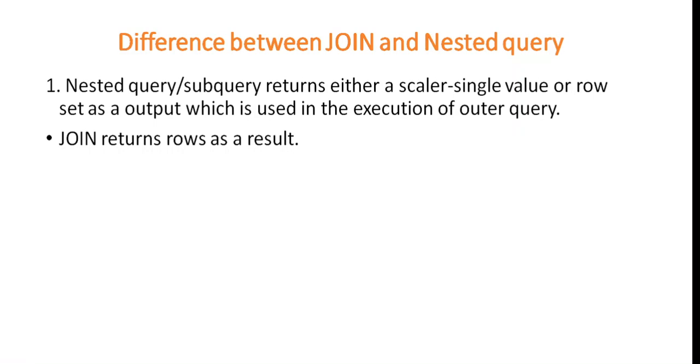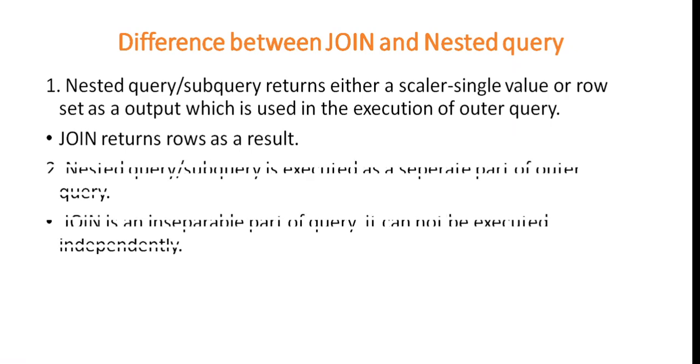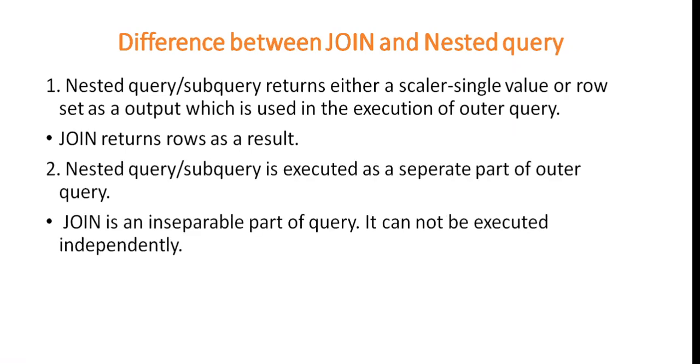So this is a slight difference between join and nested query. Another difference is that a nested query is executed as a separate part of the outer query. It means a nested query can be an independent query, and when we have an independent nested query, it is executed independently of the outer query. They are not dependent on each other.